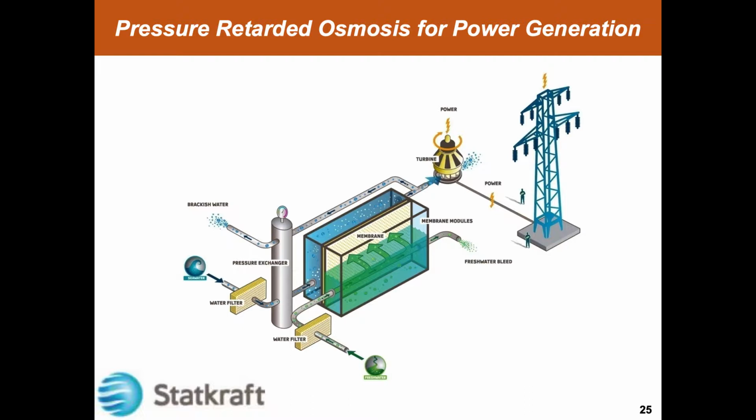The idea here is that you can take a membrane that is selectively permeable to water and not salt, and on one side of the membrane put brackish water or saline water, and on the other side flow fresh water. The natural gradient for transport in this case is for the fresh water to go across the membrane to dilute the salt out of the saltwater side of this membrane, and you can use that to raise a pressure head.